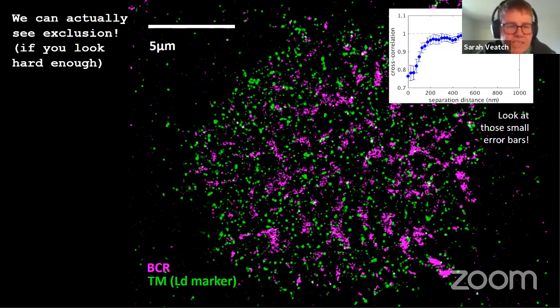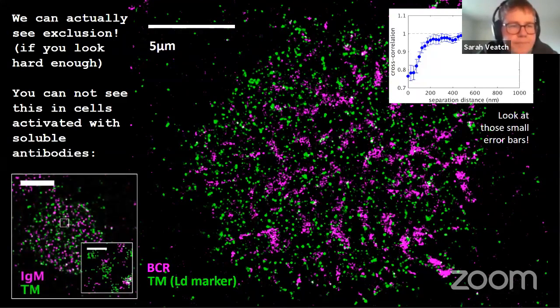So that tells us it's very significantly anti-correlated, I guess. So they are not sitting next to each other. But you can't see this at all, trust me, in a cell that's been activated by a soluble ligand. The domains are a lot smaller and everything is just harder to wrap your head around.